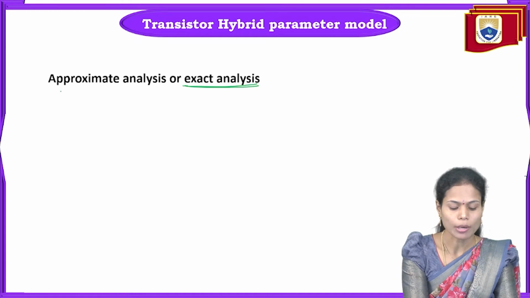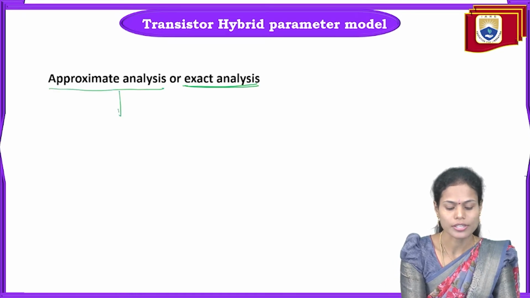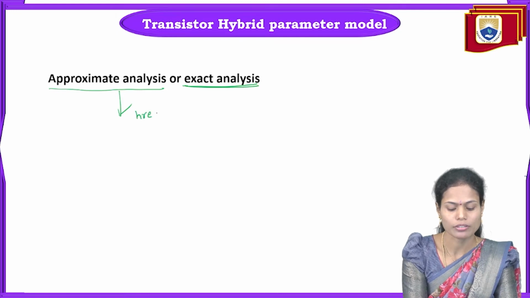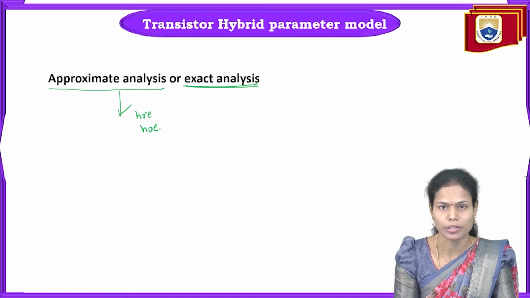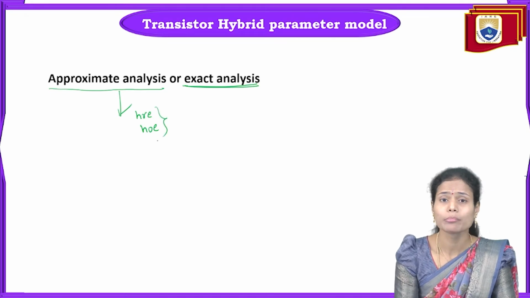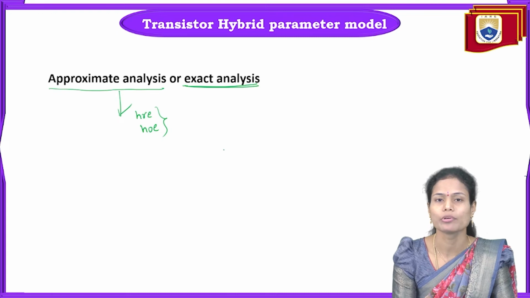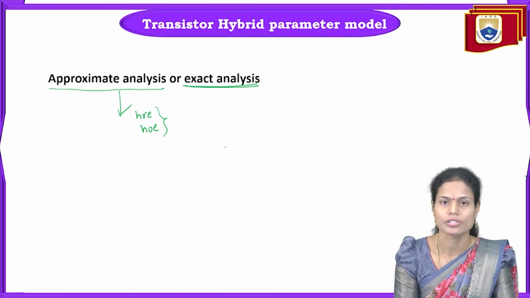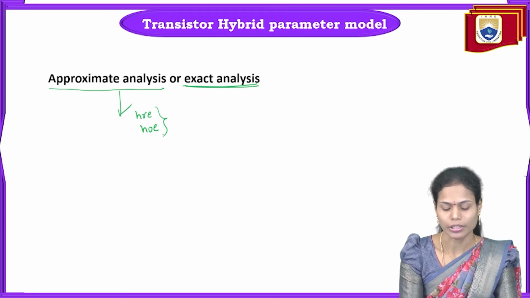But while coming to the approximate analysis, in this approximate analysis we will remove the reverse voltage gain as well as output admittance parameters. If we remove these 2 parameters, we can simplify the analysis here. But at what condition can we eliminate these 2 parameters?